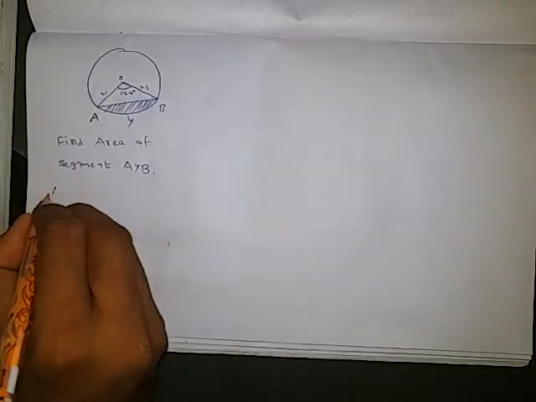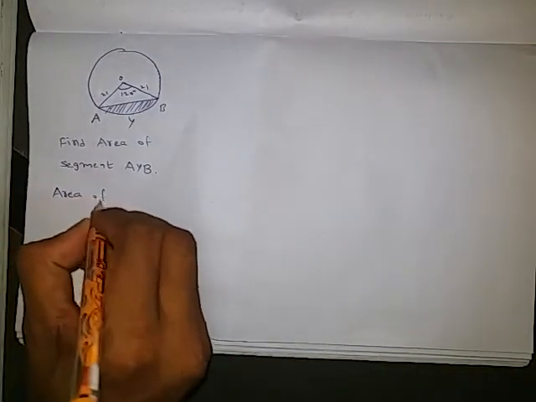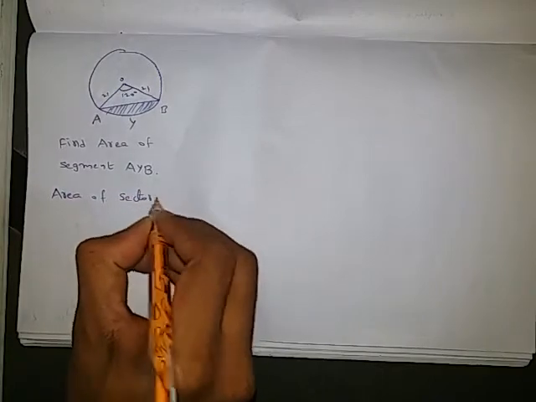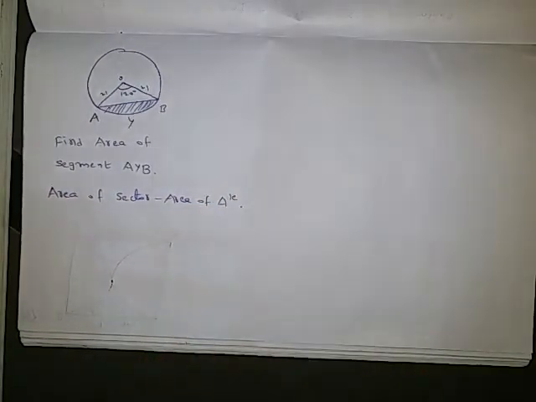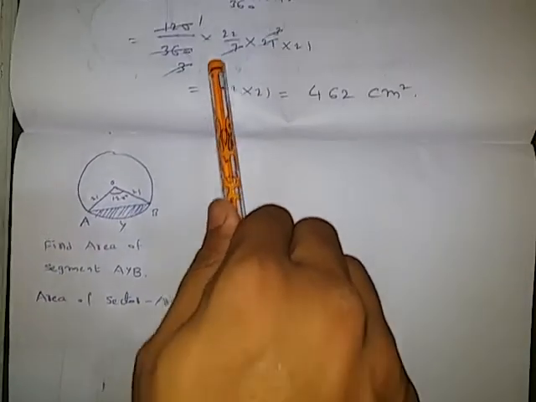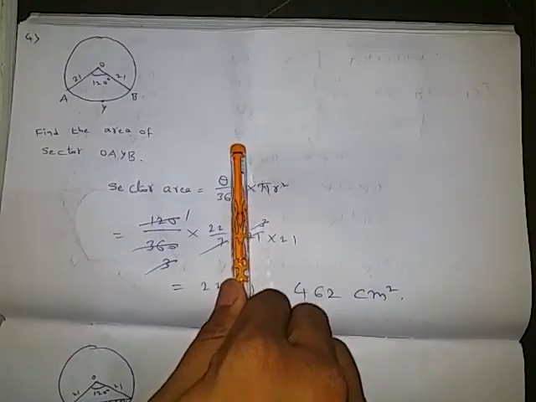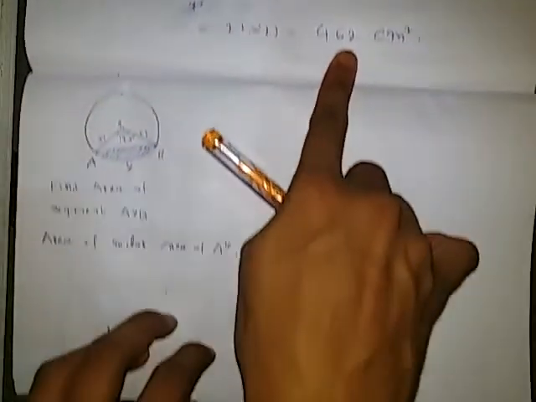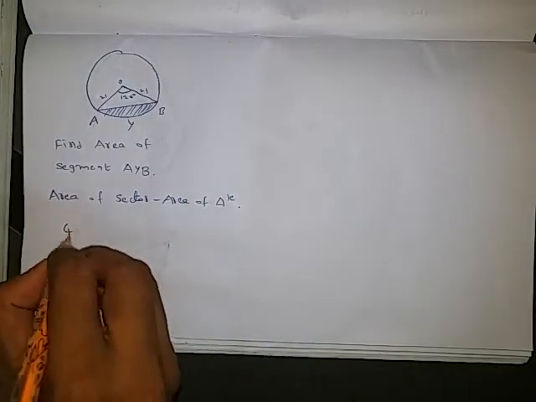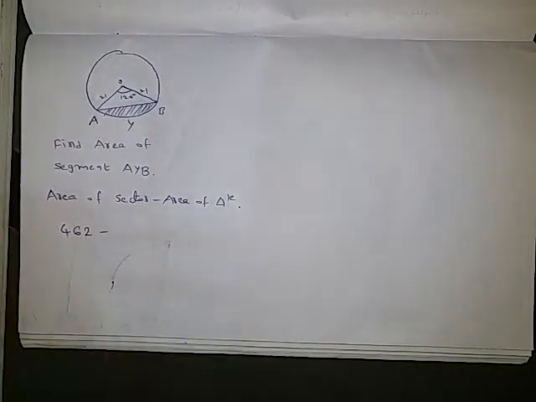So area of sector minus area of triangle. Now the same question we discussed in the previous one also. So already we know the area of sector, that is 462. So area of sector, that is 462, I am writing as it is, minus.